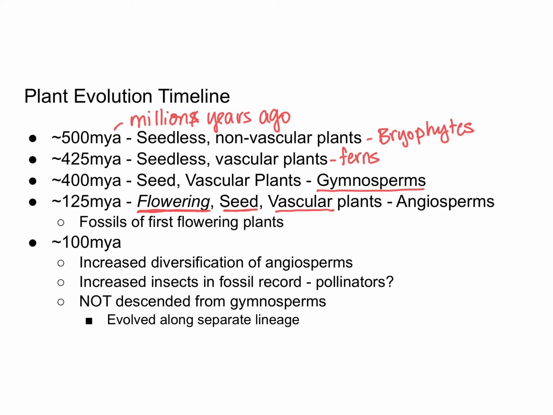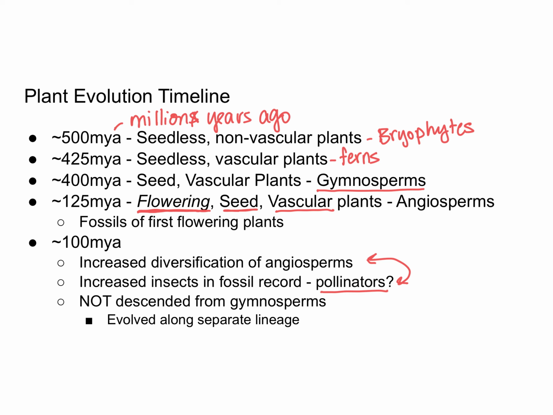It's interesting because in the fossil record, there's also an increased evolution and diversity of insects. It's possible that the angiosperms and the insects were co-evolving because insects work as pollinators to help angiosperms with sexual reproduction.